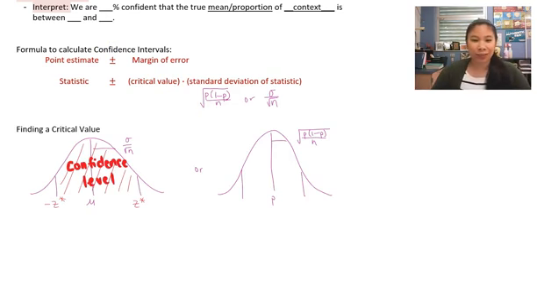When we calculate the z-score, we're basically saying this is the confidence level I want in the middle of my normal curve. And then our critical value, our z-score, we actually denote it using a z-star to show people this is specifically for confidence intervals. So it's a z-score still, but it's for confidence intervals. We're going to be trying to find the z-score where the percent confidence is what's in the middle of our normal curve. Let me do a few examples. Let's say we're asked to be 90% confident.